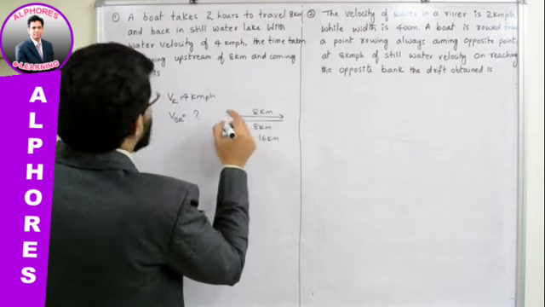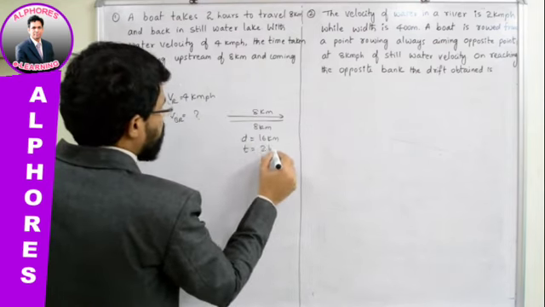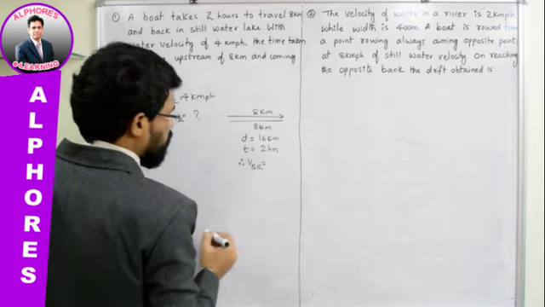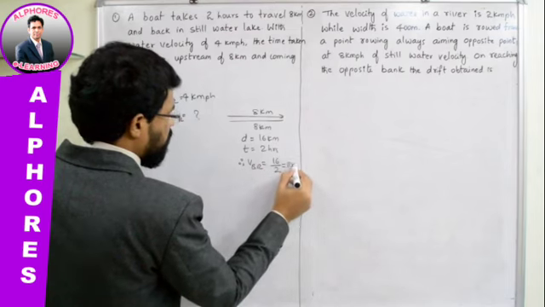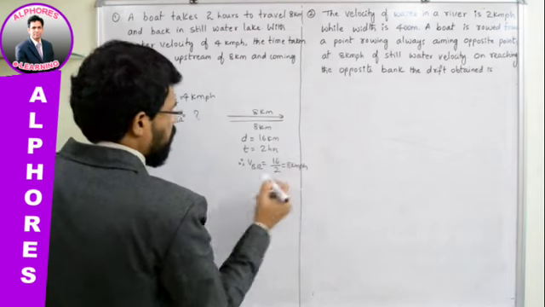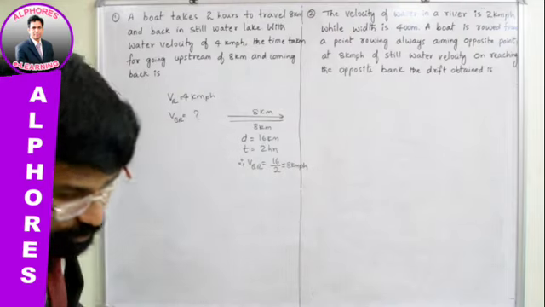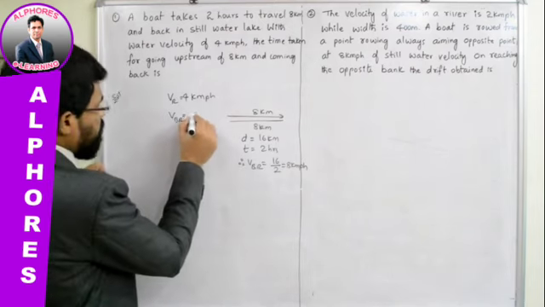And in how much time has it covered this 16 kilometers? 2 hours. Therefore, velocity of boat with respect to river is equal to 16 by 2, 8 kilometer per hour. Okay, so now we have obtained VBR. VBR is equal to 8 kilometer per hour.